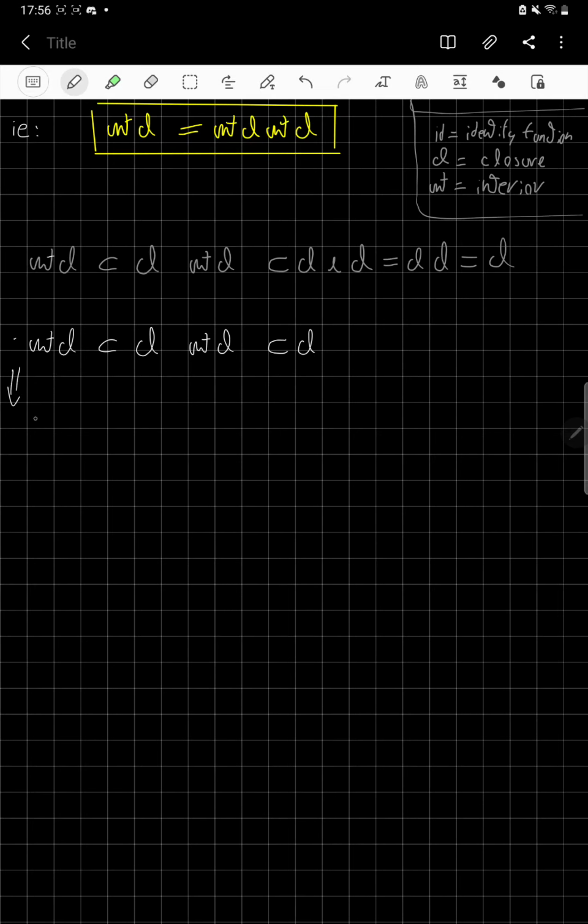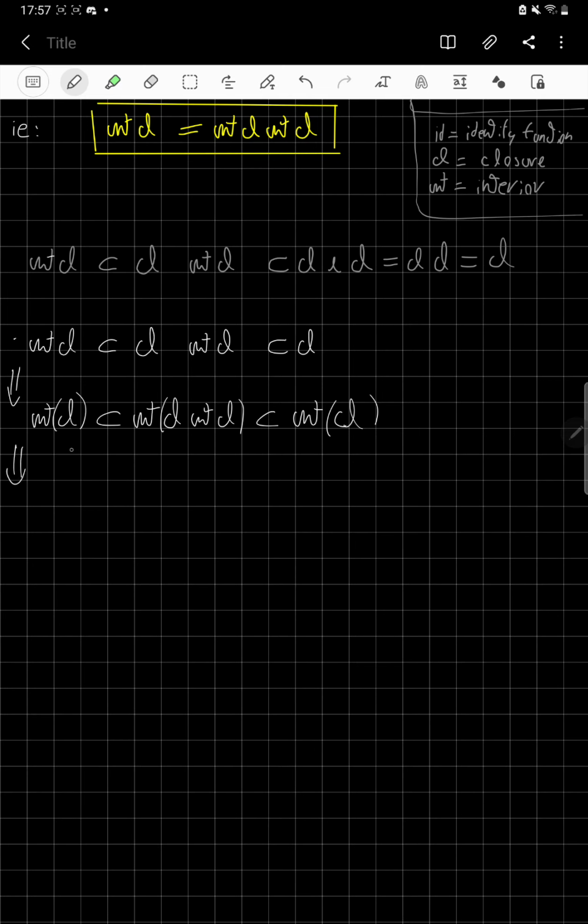And now it's pretty obvious. The interior of the interior is just the interior. So this is interior of the closure, which is included in the interior of the closure of the interior of the closure, which is included in the interior of the closure, right? I just applied the interior to all the members, and that's it.